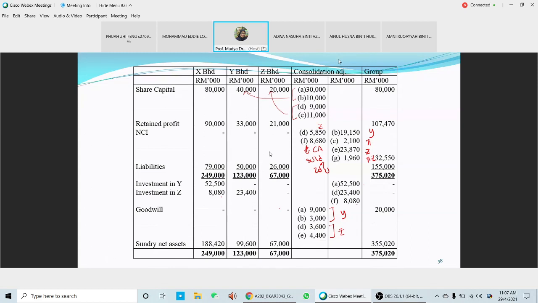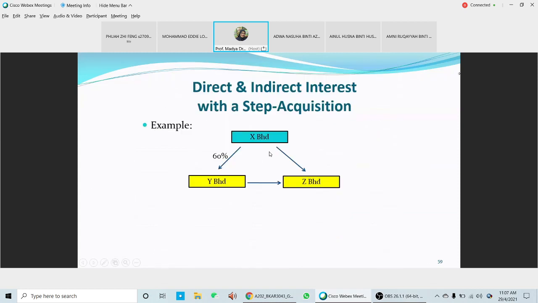Okay, this is another thing. Direct and indirect interest with step acquisitions. Okay, so X has shares in Y, 60%, and also has shares in Z, 30%.